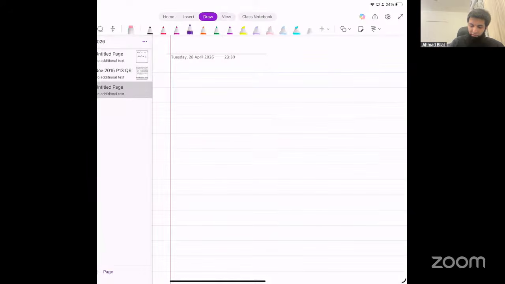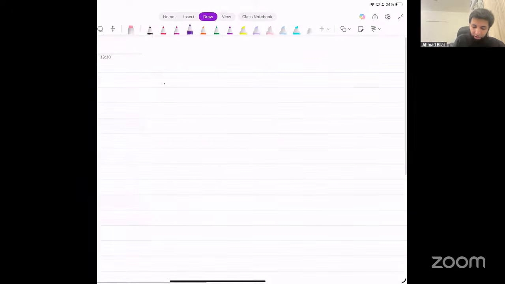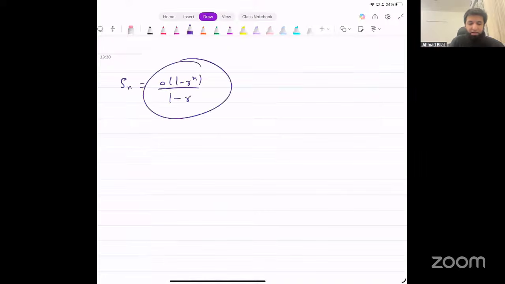This one formula can be used everywhere. So a into 1 minus r raised to power n divided by 1 minus r, the sum formula for a GP, works for any ratio. For any ratio, it will work, okay?